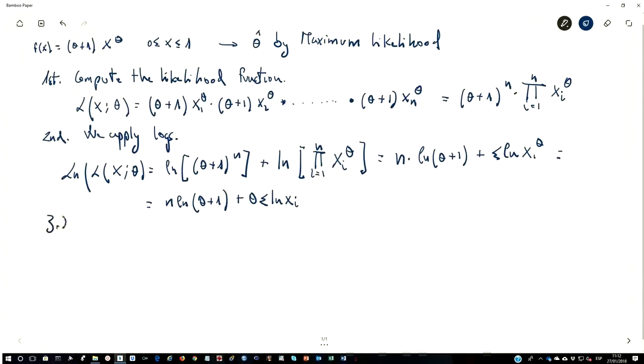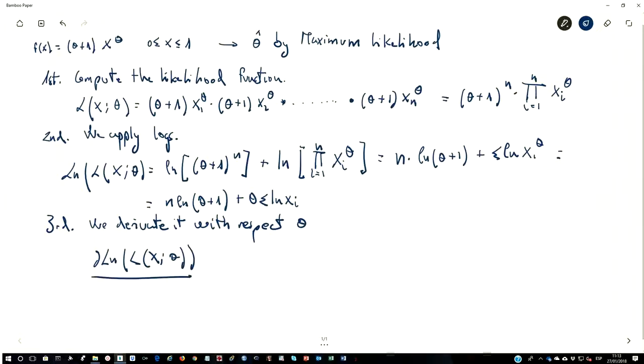The third part is to derive this expression with respect to the parameter of interest. As we have only one parameter, we will have only one derivative. If we have more than one parameter, we would have to build a system of equations with each of the partial derivatives of the expression with respect to each of the different parameters.